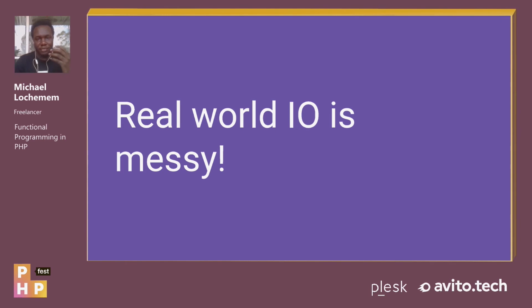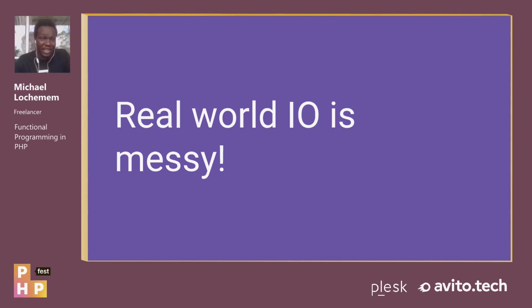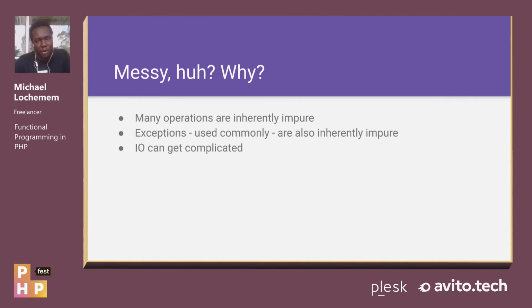So real world I/O is messy, right? Everything I've discussed thus far is really simple functions that play around with strings and integers. You're not always going to play around with data which is inherently that simple to manipulate. The real world is messy because many operations are inherently impure. Exceptions are impure. And I/O can get complicated for a number of reasons.